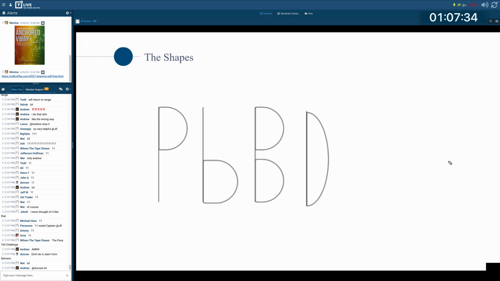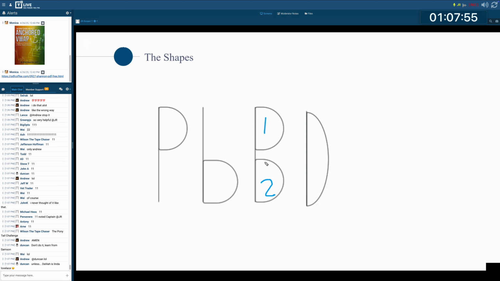So the uppercase B profile. This one is a little bit more complicated. You want to apply the rules for the B-shaped profile when you have this profile going into this profile, meaning if you start in a P and you end in a lowercase b, you're applying this rule set.